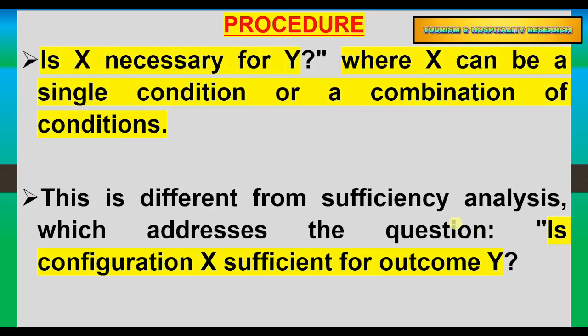But there we are talking about the complete configuration, which is a combination of different conditions. But in the case of necessary condition analysis, we might look into a single condition or a combination of conditions. So how to look for this? In the fsQCA software, let us check it out.